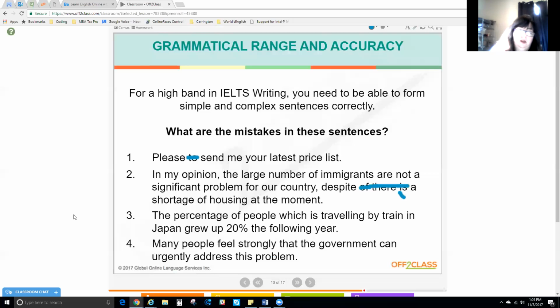Okay, how about number three? The percentage of people which is traveling by train in Japan grew up to 20% the following year. Okay, so let's look at this. We have "grew" and "which is." What's wrong with that?